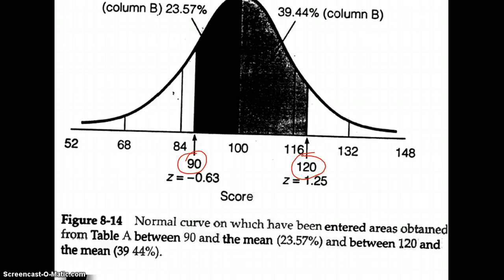When we convert those to Z-scores, we get a Z of negative 0.63 and a Z of 1.25. Then all we have to do is find the difference between each of these and the mean and add it together to say the probability of a score lying between 90 and 120 is 23.5 plus 39.5.